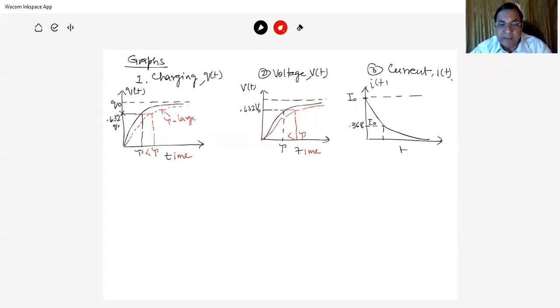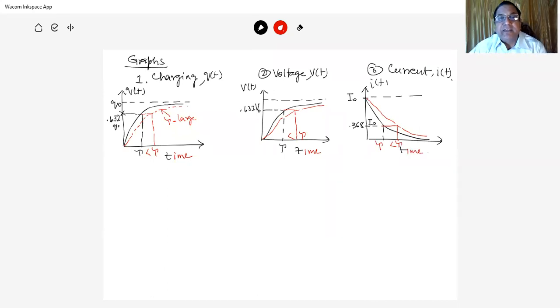And here in this case, this tau is greater than this tau.